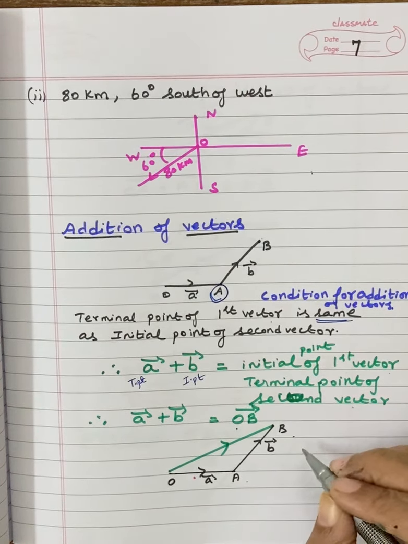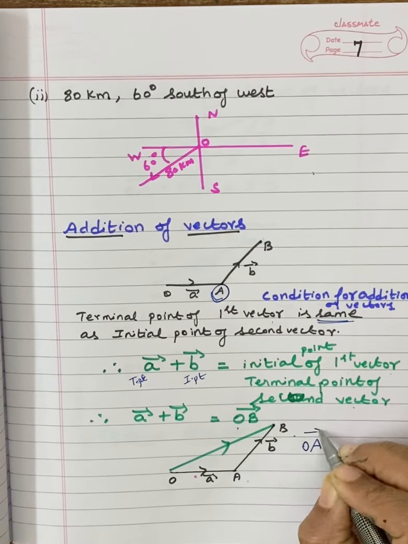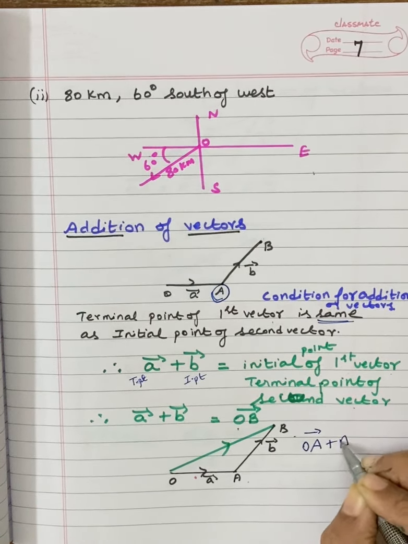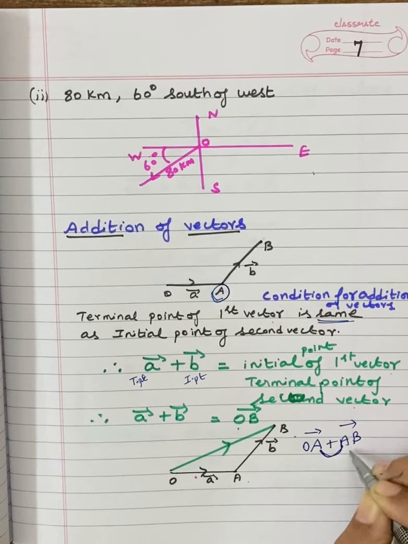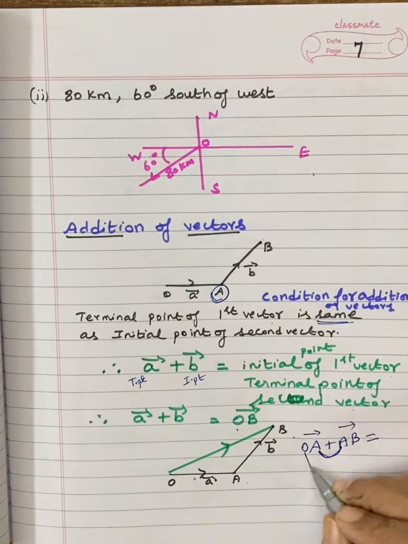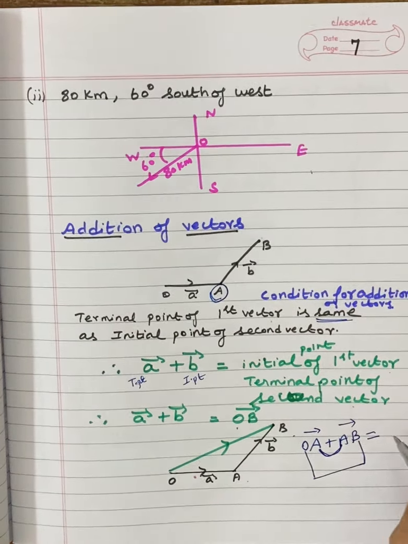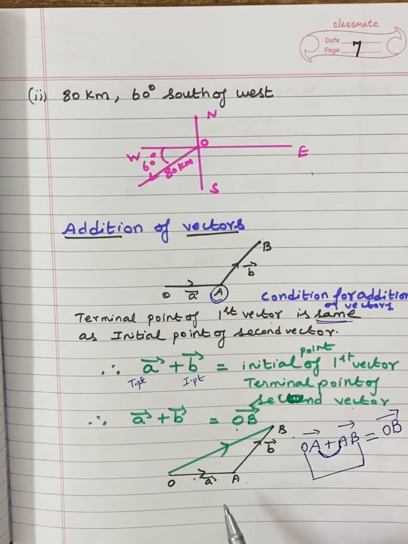Or we can write as OA vector plus AB vector. Only this has to be same, then only we can add. Equal to, answer is OB vector. Since it looks like a triangle, this is called triangle law of addition.